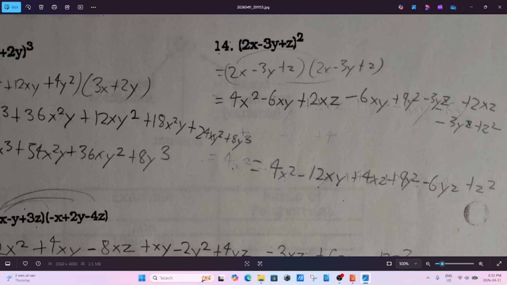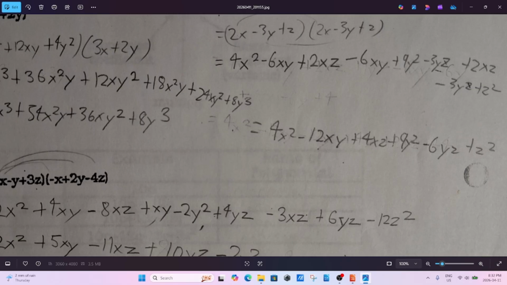And then you do the negative 3y times 2x minus 3y plus z, you get negative 6xy plus 9y squared minus 3yz. And then you do the z: 2xz, and then you get the negative 3yz, and you get a plus z squared, sorry.